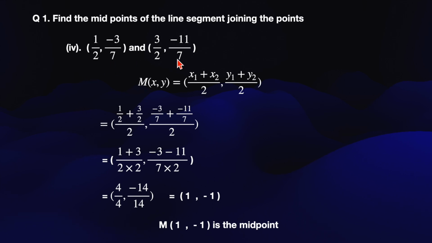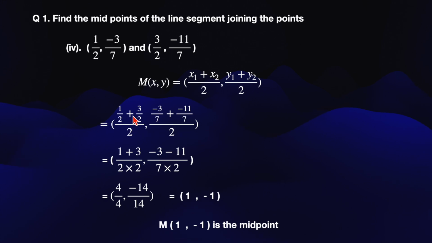Fourth sum. So these coordinates are in fractions. Don't worry about it. Just write down the formula. This is x1, this is x2. So x1 plus x2 upon 2, comma y1 plus y2 upon 2. Now you can simplify these fractions. I've simplified it here for you and you will get the answer as 1 comma minus 1.